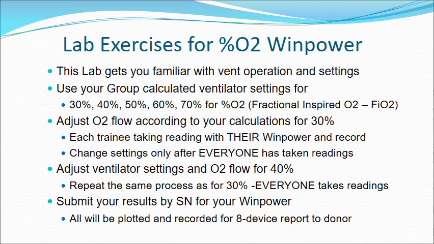Your instructor should have forms for you to fill out so that we can collect this data. We're going to use the data from these 8 analyzers that you have to identify by serial number to form a report for the donor, the kind donor who gave you these units.